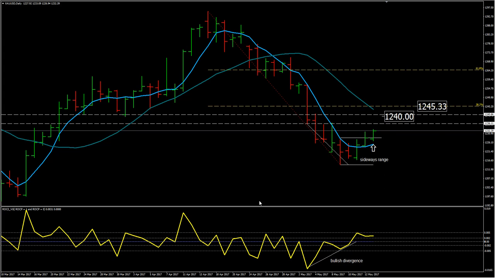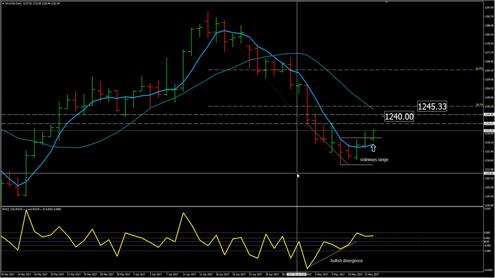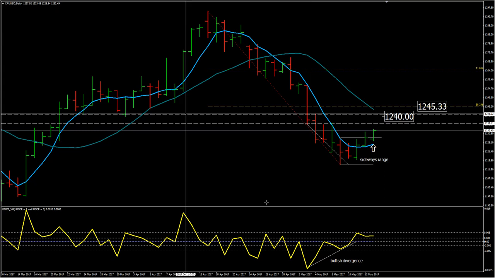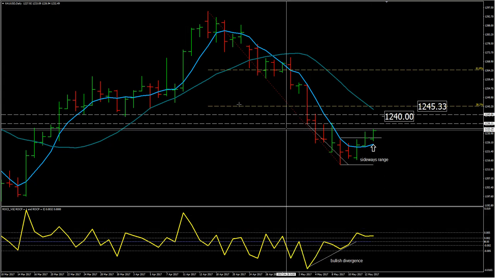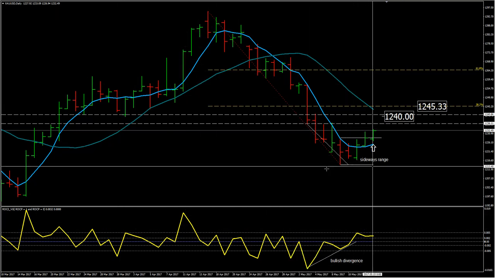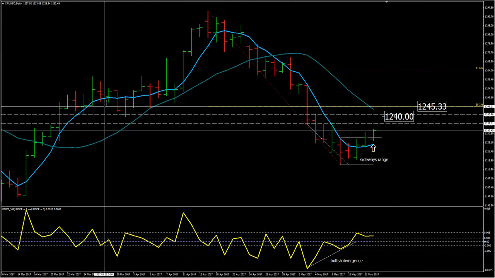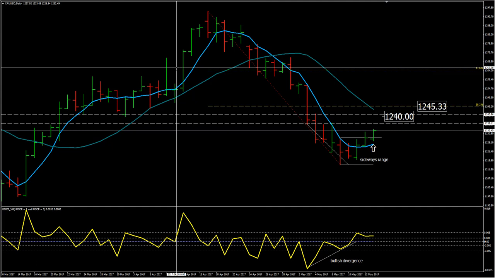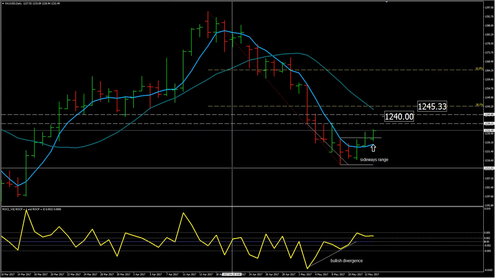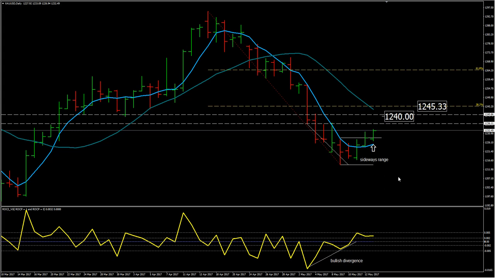Also, Linda Raschke spoke about this concept using the rate of change 2 period oscillator, which is this here. Using the simple moving average, you can also use a 20 or 21 simple or exponential moving average as a shorter term trend. And also you can basically try to find the patterns and the models.